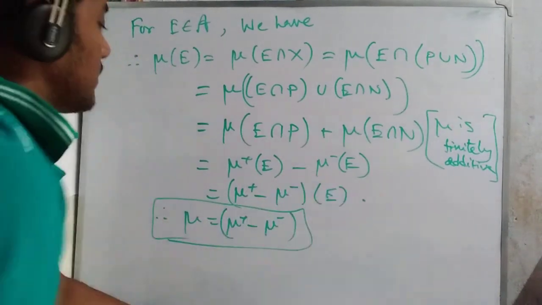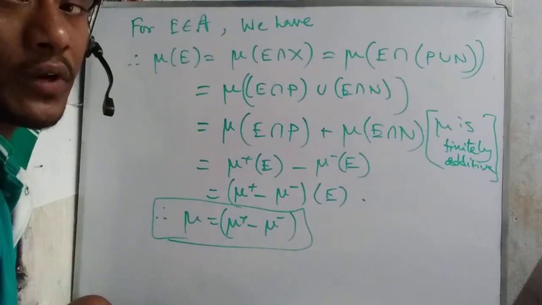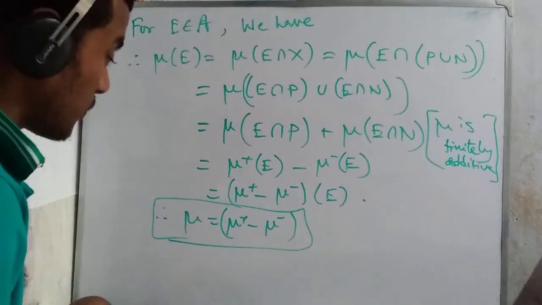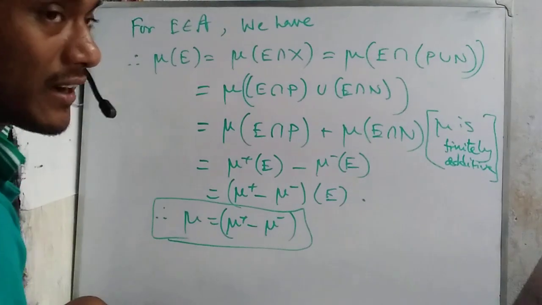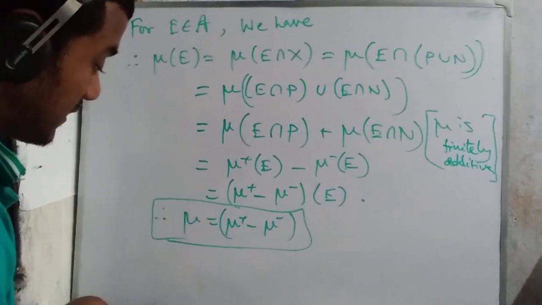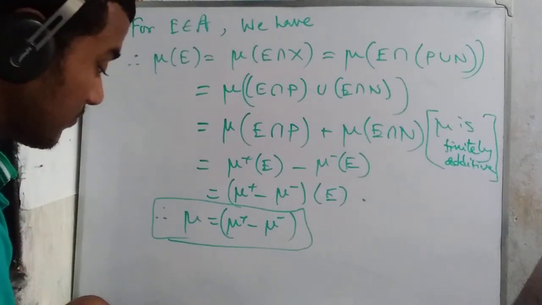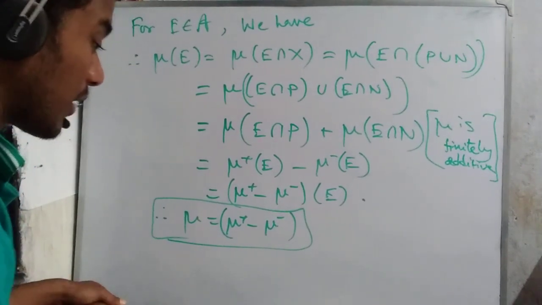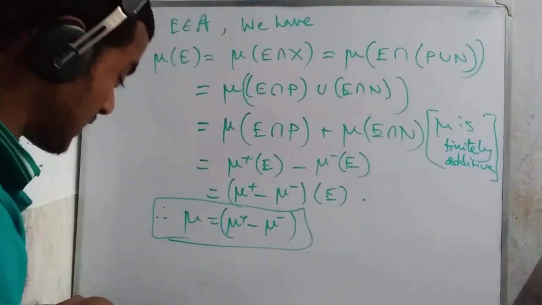Now we are done with the existence part, but we will also discuss that μ equals the positive variation minus the negative variation of μ. Now we go to the uniqueness of the representation.